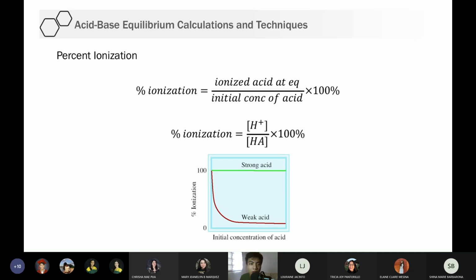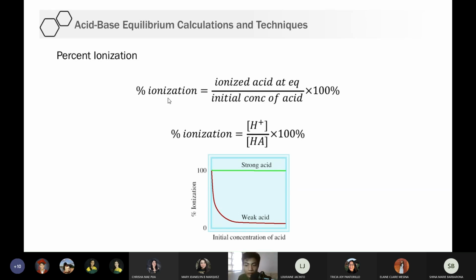However, if you have a weak electrolyte, the percent ionization is less than 100 because our species come to equilibrium. No? So, nag-equilibrate kasi sila. That's why we have less than 100% ionization for weak electrolytes or weak acid, weak bases.